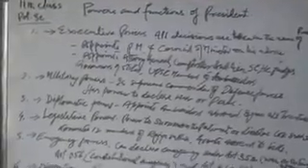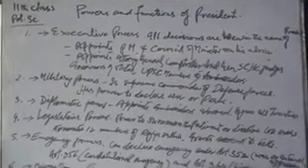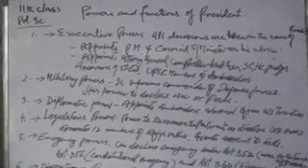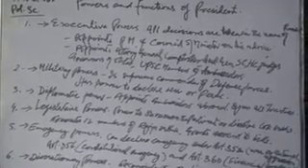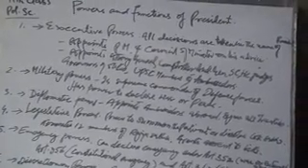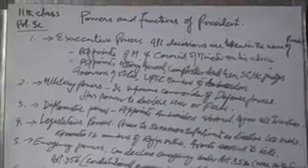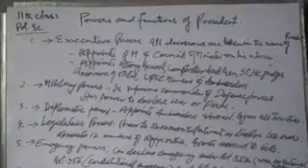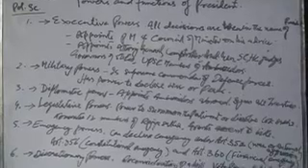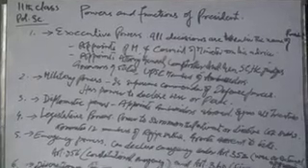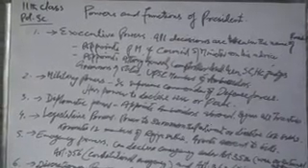The second emergency is carried out under Article 356, that is constitutional emergency. It arises when law and order breaks down in the state. And on the report of the governor, if the President gets satisfied, the President can declare President's rule. This emergency is implemented for 2 months firstly, and then it is extended.